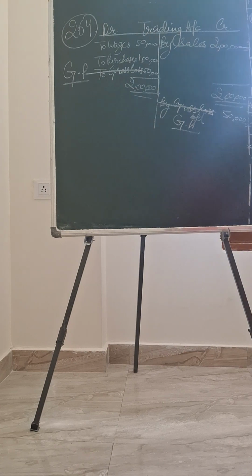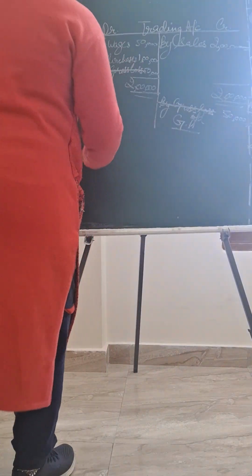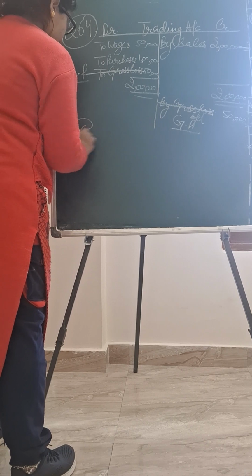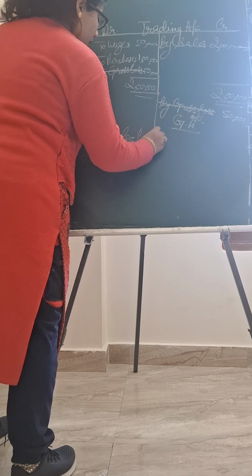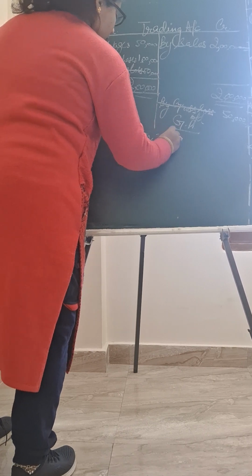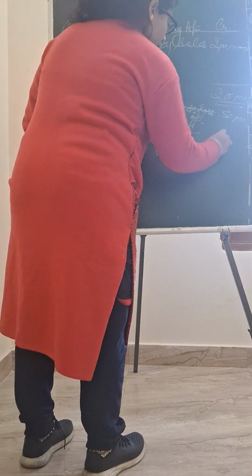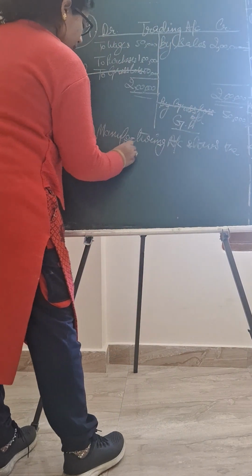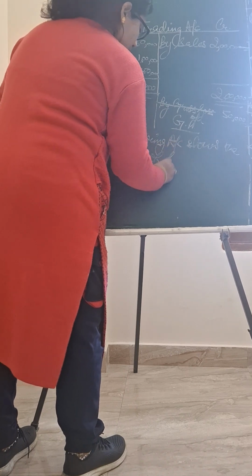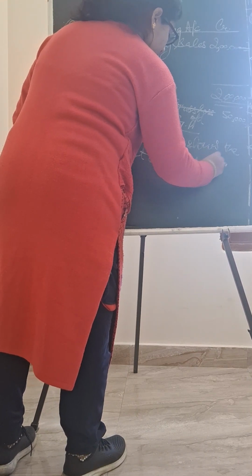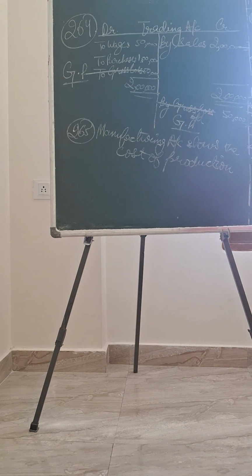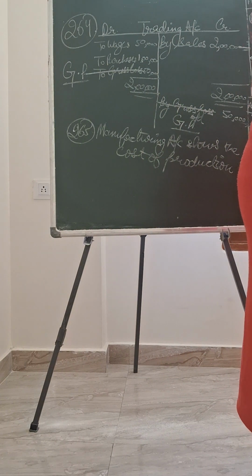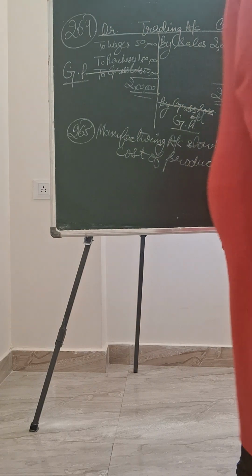What does the manufacturing account show? The manufacturing account shows the cost of production. Next we have salaries and wages. They are shown on the debit side of the profit and loss account.